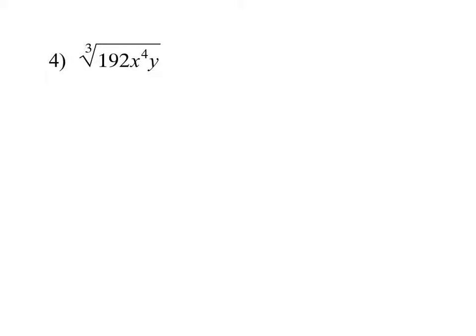Okay, this example here has a third root, so I need powers of 3 this time. Then I've got to break down 192, and 192 is going to give me 16 and 12. 16 goes to 4 and 4. 12 goes to 4 and 3. 4 goes to 2 and 2.